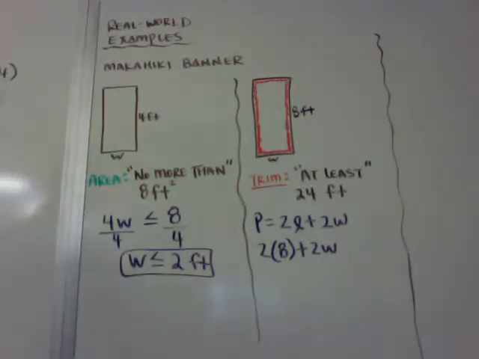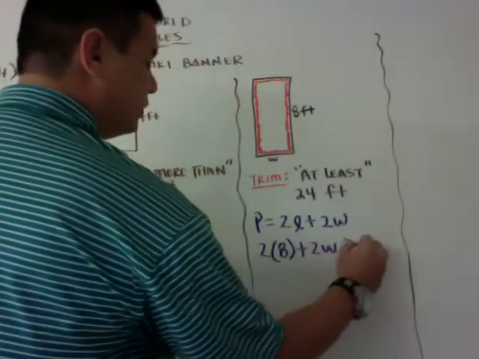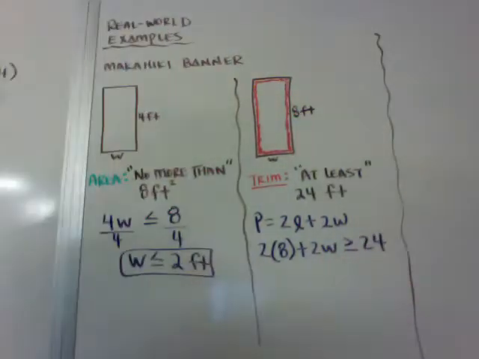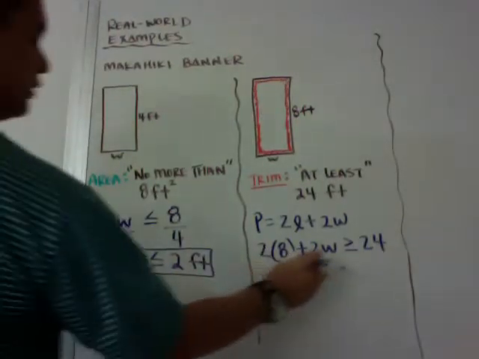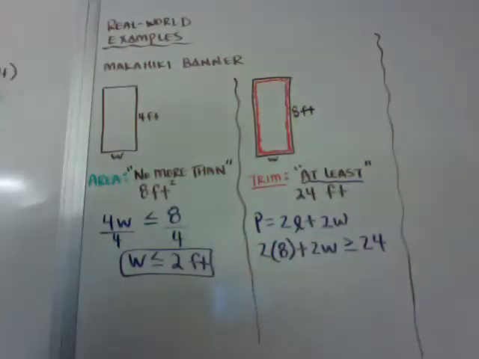At least means to be that much or more, because we want it to be that much more, so it's greater than or equal to 24. Okay, so 2 times the length plus 2 times the width has to be greater than or equal to, for at least 24.